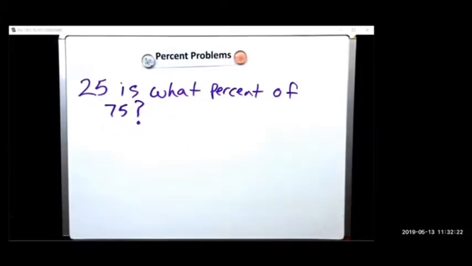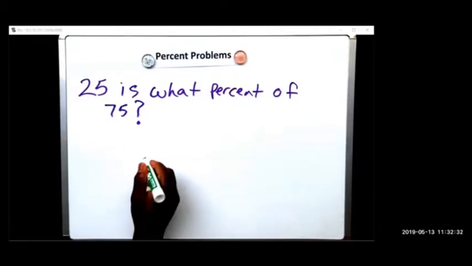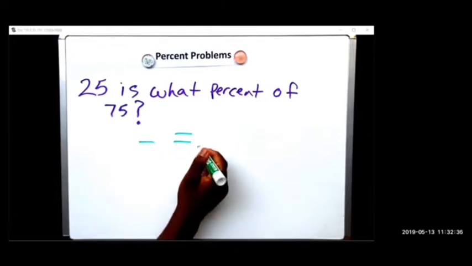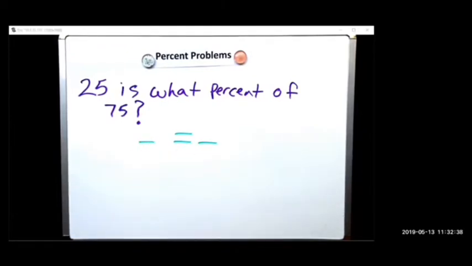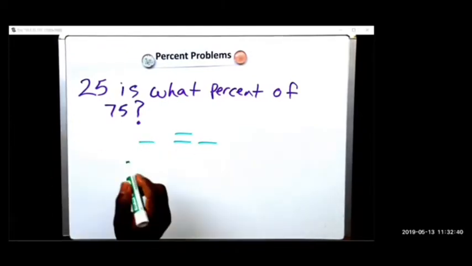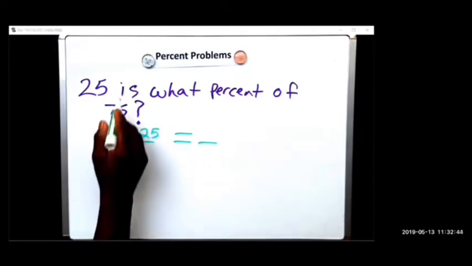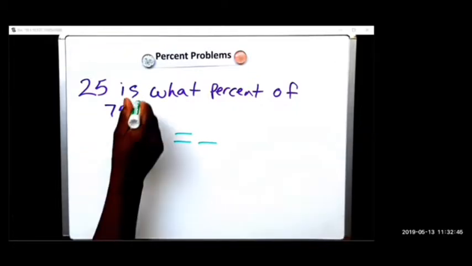We're going to translate this question into an equation. All right. So watch how I write it, how I set it up. You know that you're going to have an equal sign and you're going to have a bar on each side. So you can always set it up like that. So watch this one. 25 is always means the equal sign.